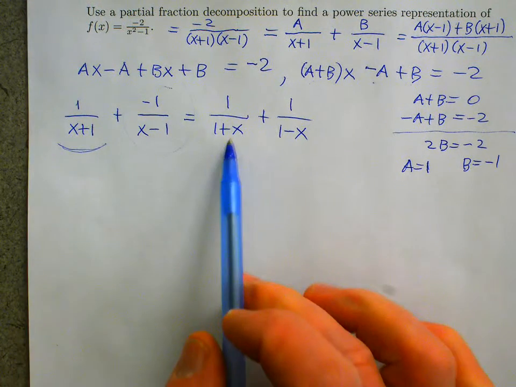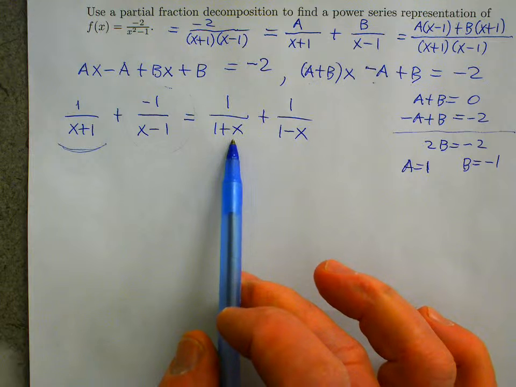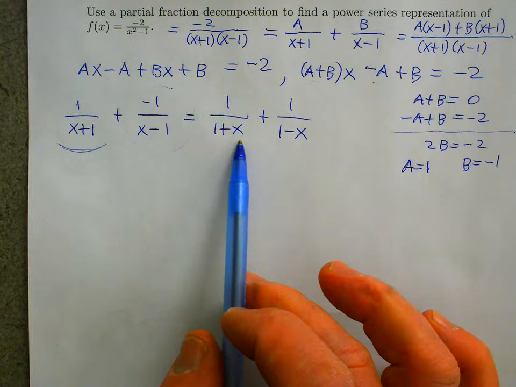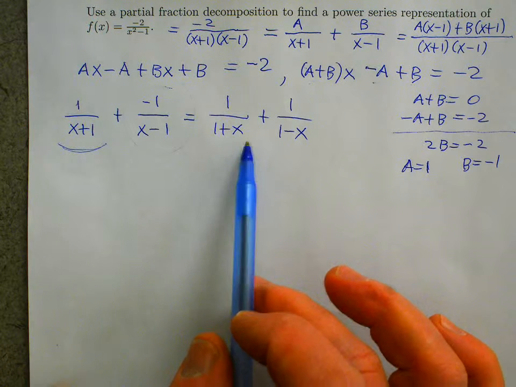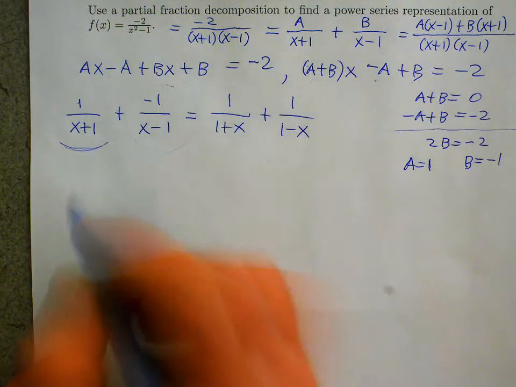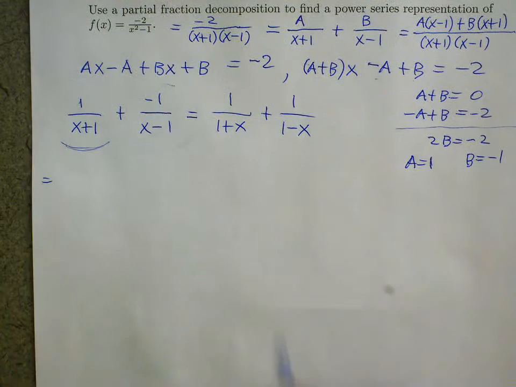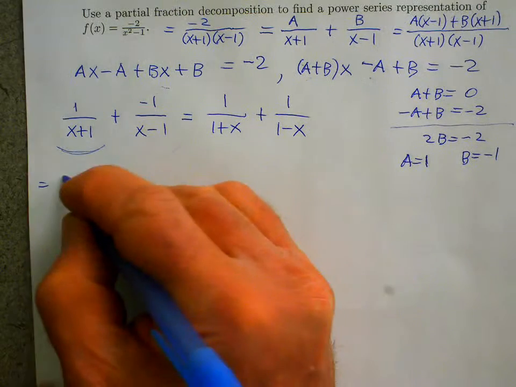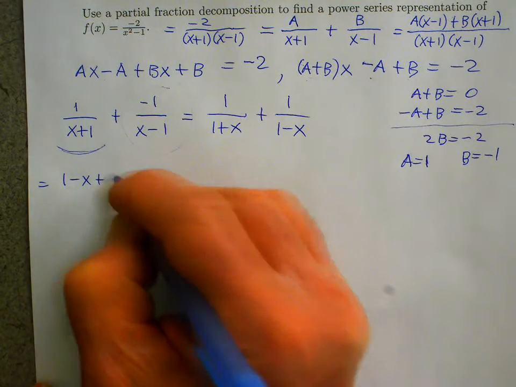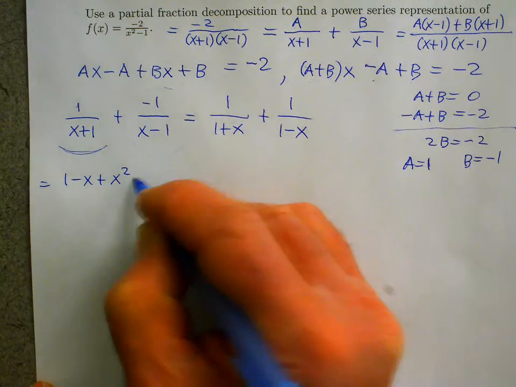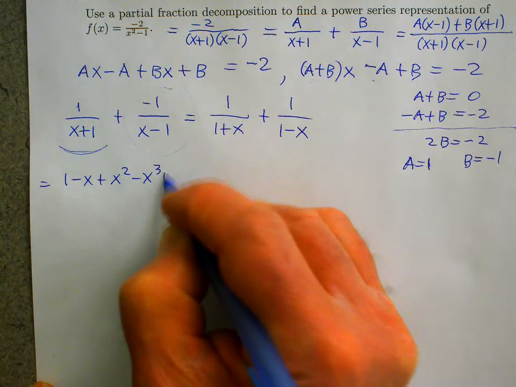So the power series representation for 1 over 1 plus x, I'll write out the first few terms of that. 1 over 1 plus x is 1 minus x plus x squared minus x to the third, and so on.